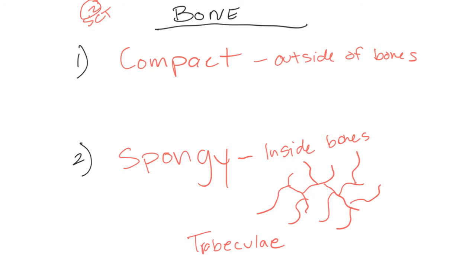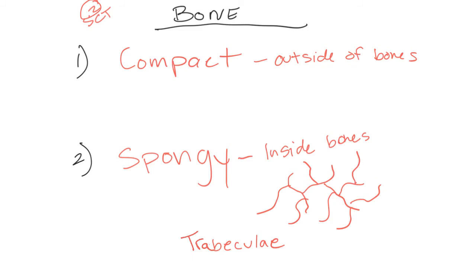Student: If they're fractured, that would be the compact, right? Right. You could fracture the ends of your bones, but most of your breaks are going to be in the compact bone. Student: Is the spongy bone always underneath the compact?